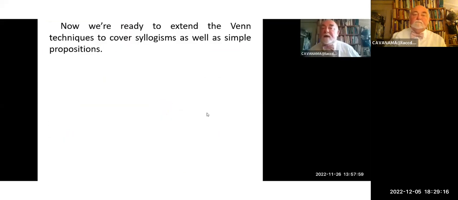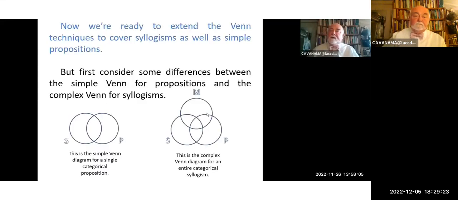Okay, now we're ready to extend the Venn techniques to cover syllogisms as well as the simple propositions. But first, consider the differences between the simple Venn for propositions on the left-hand side. That's the one we worked with already in chapter 4, and the complex Venn for syllogisms, which we're now beginning to work with for the first time here in chapter 5.